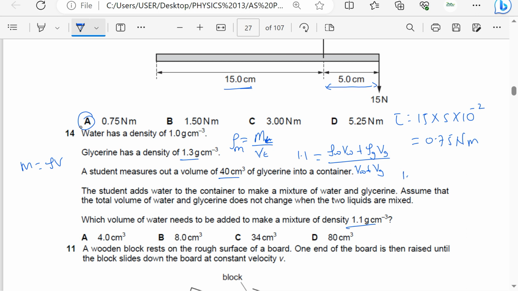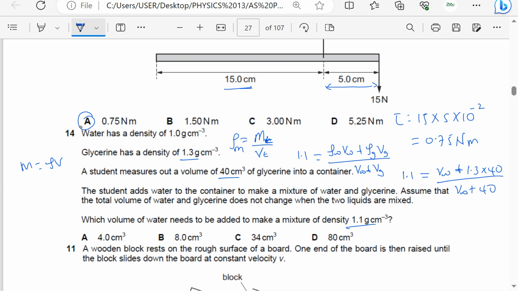So we say 1.1 equals the density of water, which is 1 gram, times the volume of water, which is not known, so I will say VW, plus the density of glycerin, 1.3, times the volume of glycerin, 40, divided by the volume of water, VW, plus the volume of glycerin, 40.